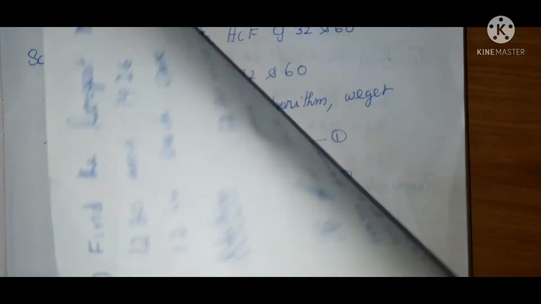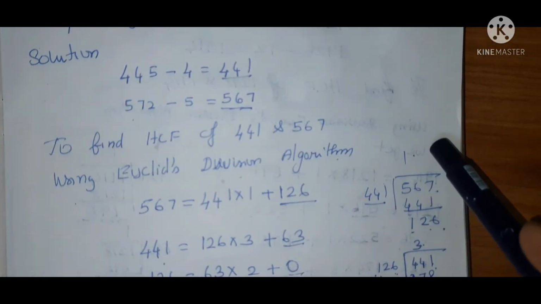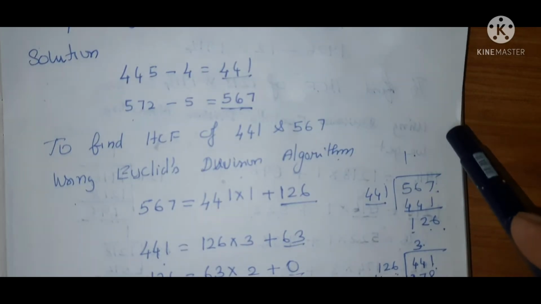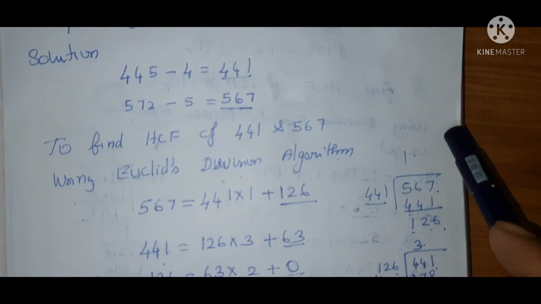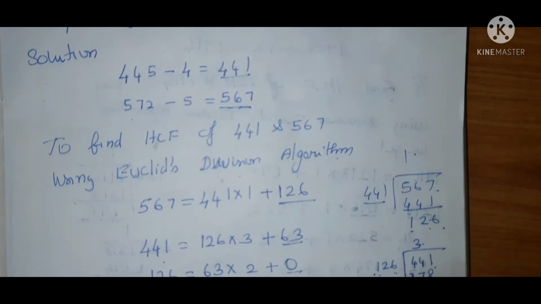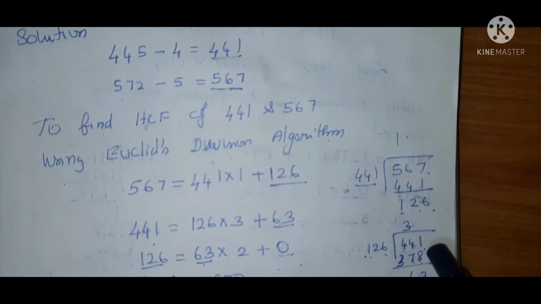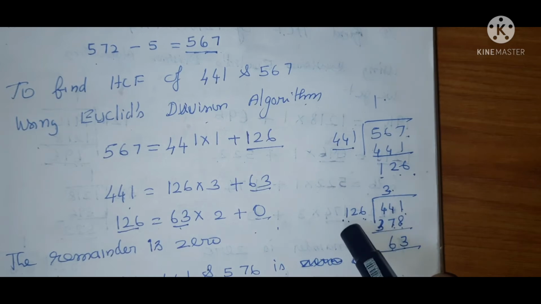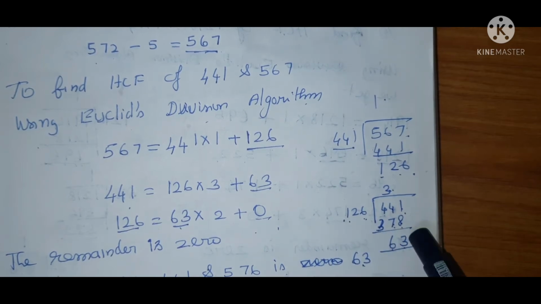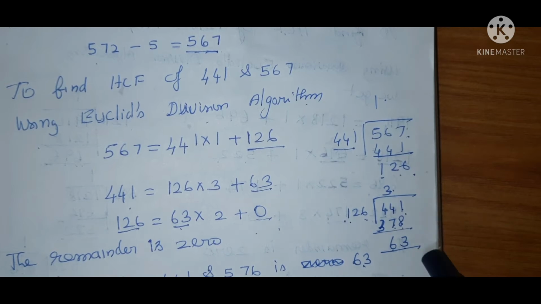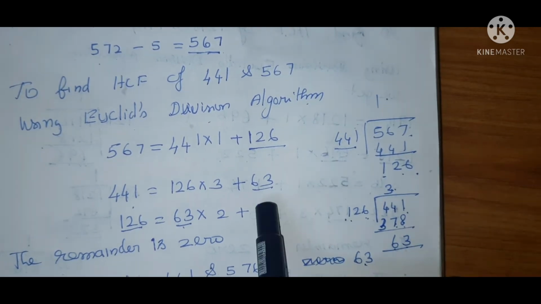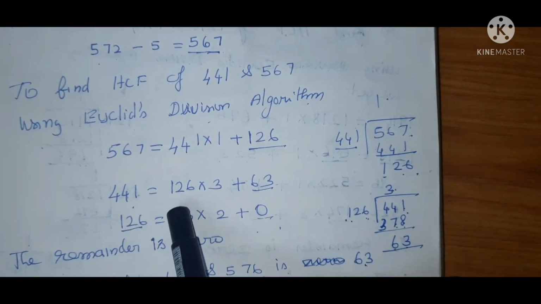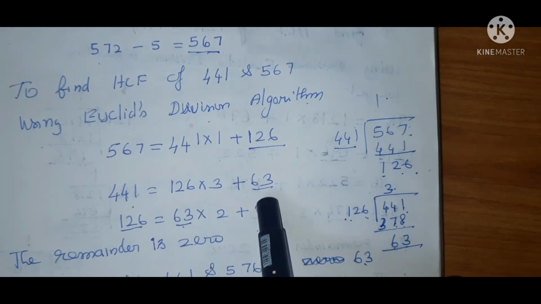Now, again using Euclidean division algorithm, 441 is the dividend, 126 is the divisor. 441 is divided by 126. 3 into 126, we get 378. 441 minus 378, we get 63 as the remainder. 441 is equal to 126 into 3 plus 63.